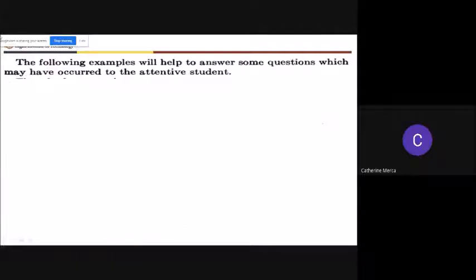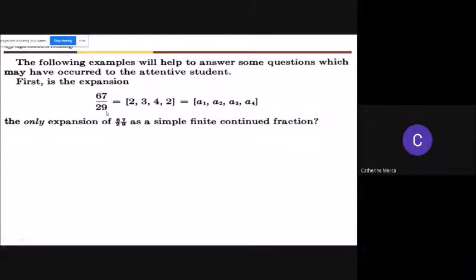And take the following example, 67 over 29. Earlier, you have 2, 3, 4, 2. The question is, is it the only expansion of 67 over 29?